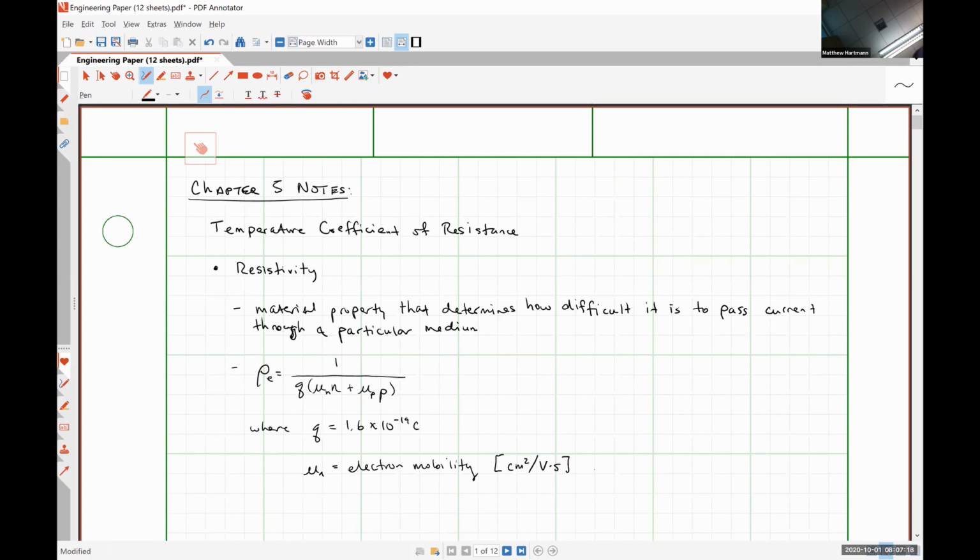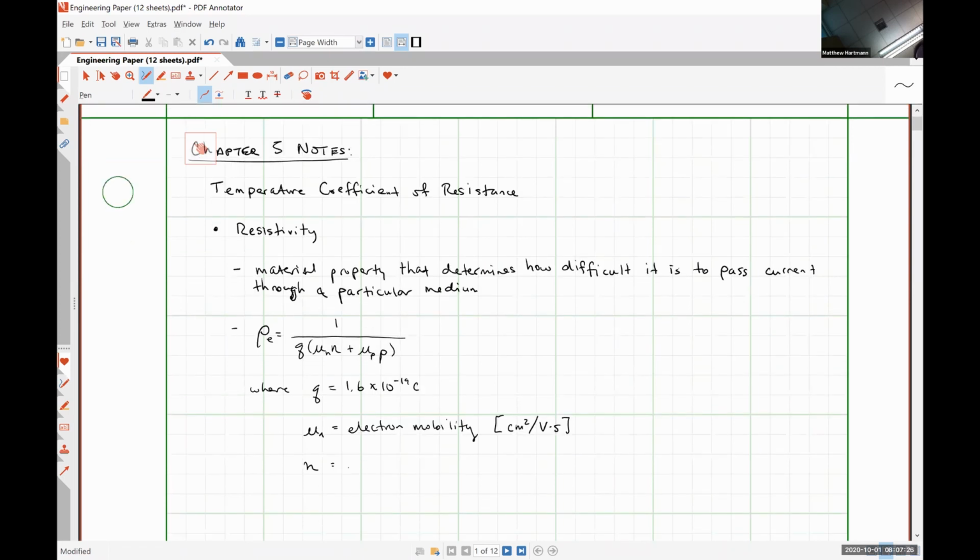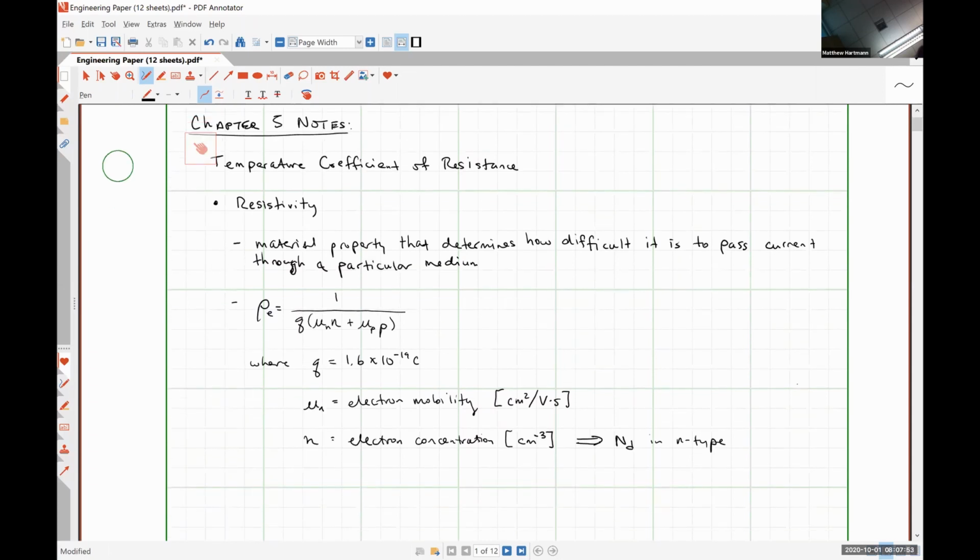I know it's an odd unit, but that's what it is. n is the electron concentration, measured in electrons per centimeter cubed, and it's simply N_D in N-type materials.